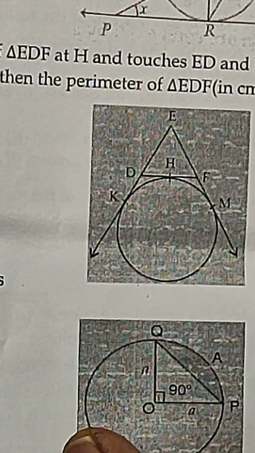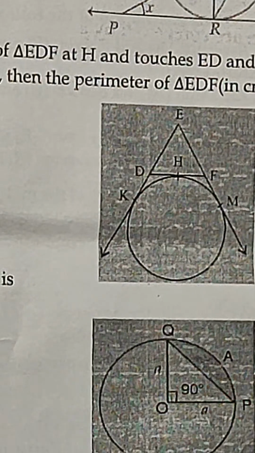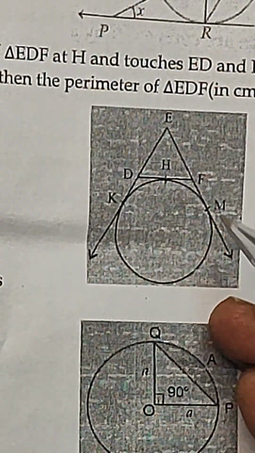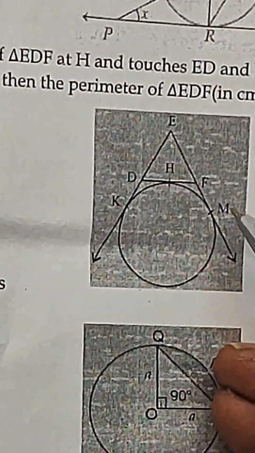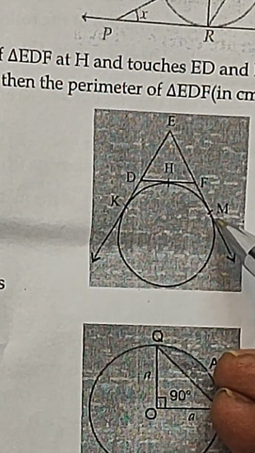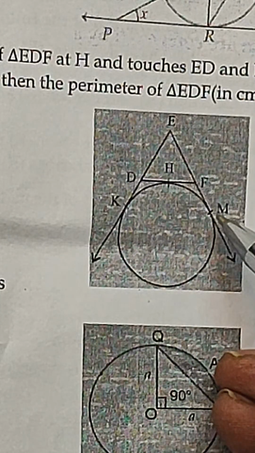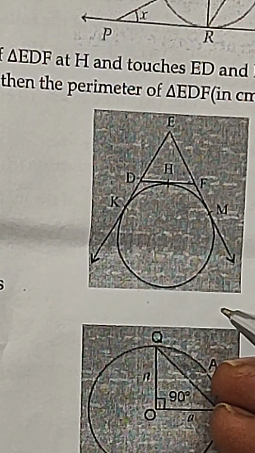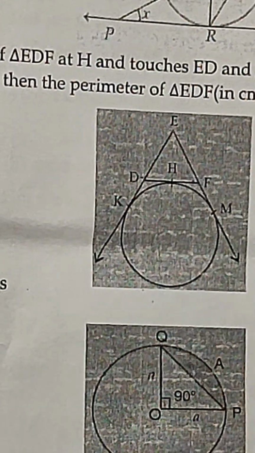Now if EM is equal to 9 centimeters, that means E to M is 9 centimeters, then what is the perimeter of EDF? How to solve this question?